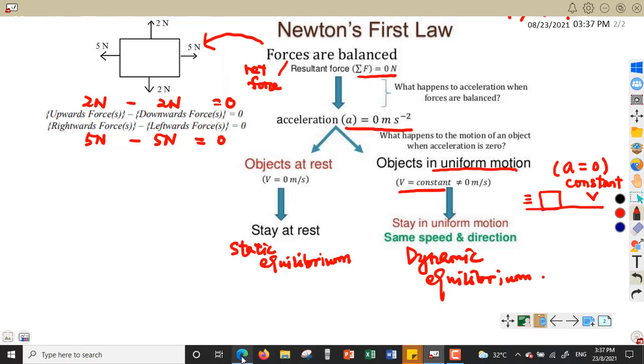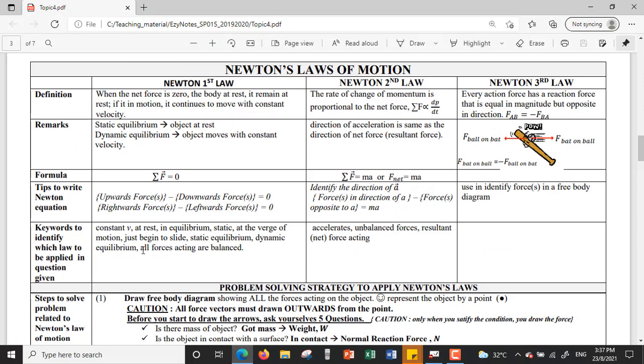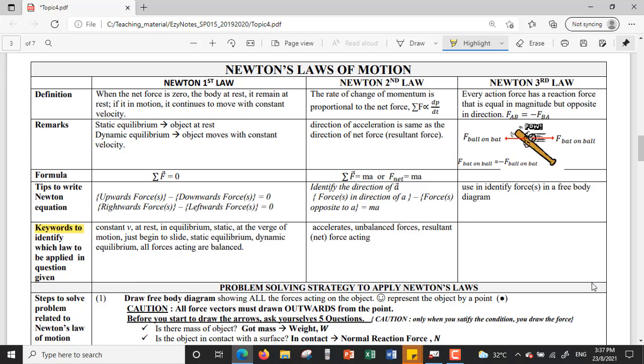How am I going to know that in a given situation the forces on the object are balanced or not? I need to apply Newton's first law, so we look for keywords. In your notes, I have given keywords to identify in what condition you need to apply Newton's first law.